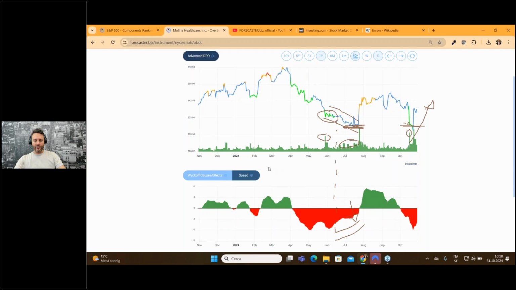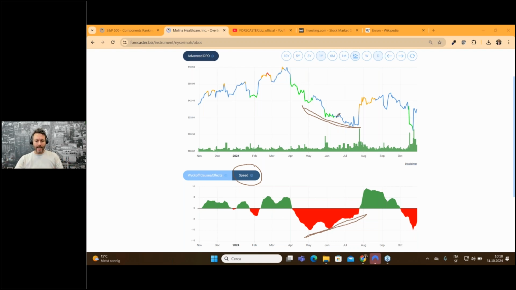Okay, very, very interesting. If you would like to watch also a mathematical perspective, let's say, look what happened here. In all this period, we had also a divergence between prices and the oscillator, also on our speed indicator. Speed is something very easy.